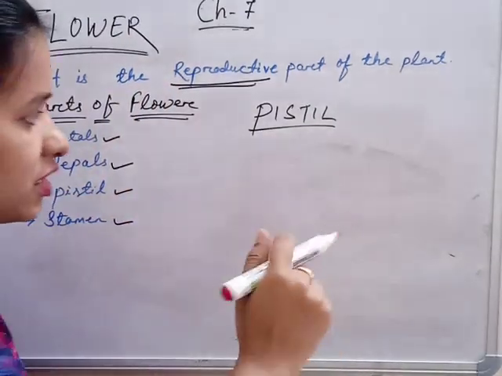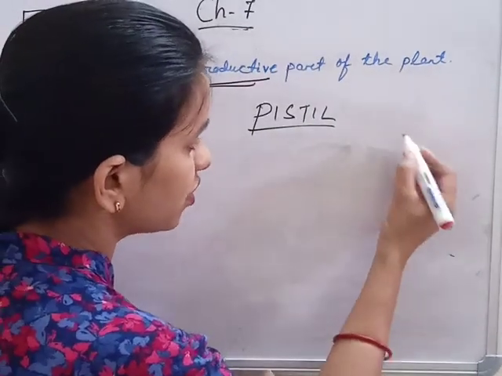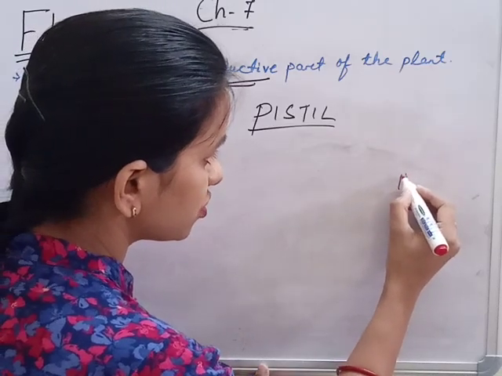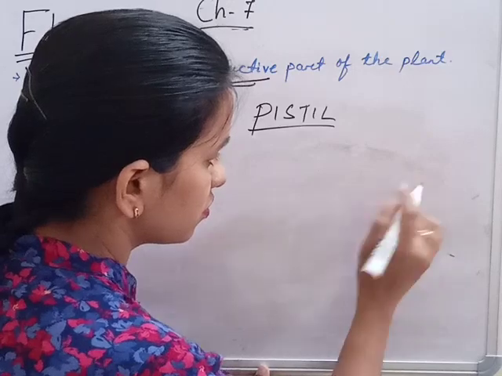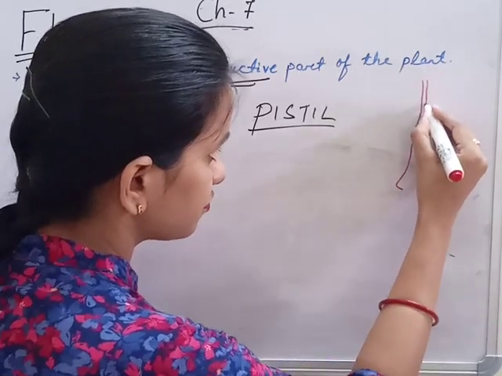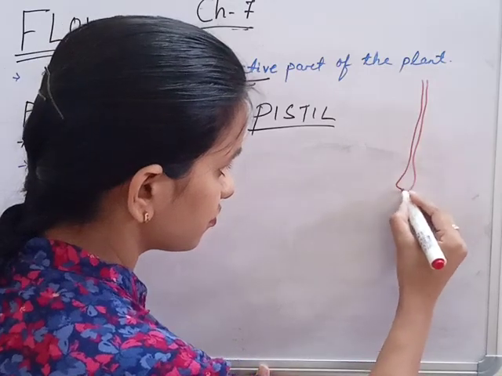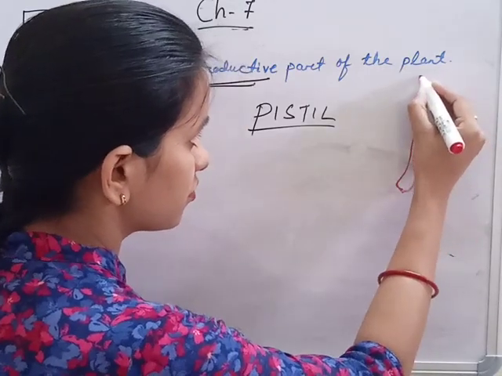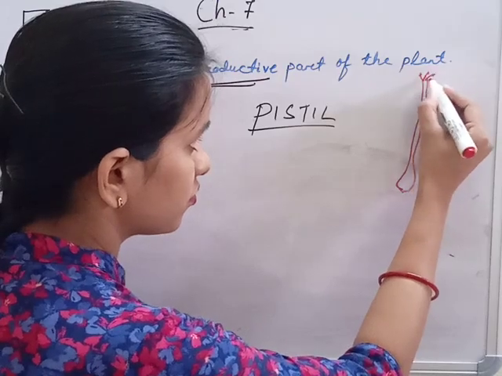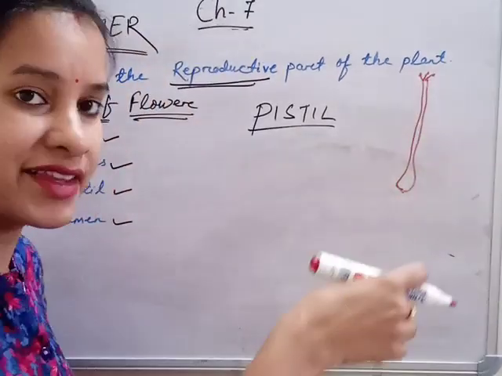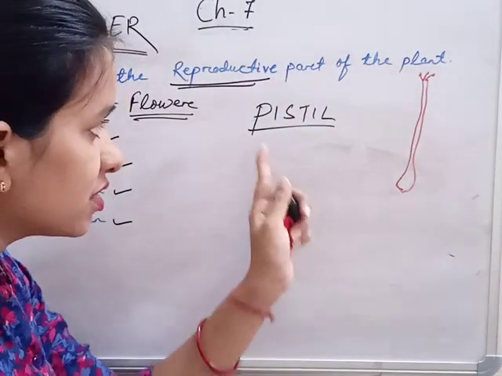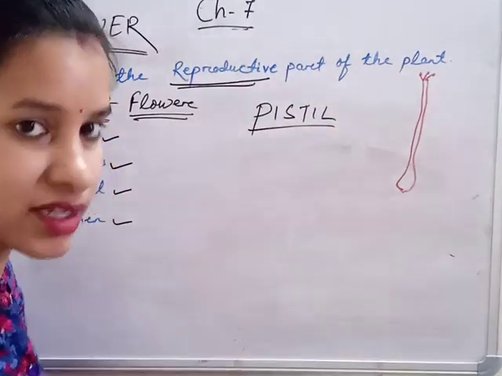If you have a hibiscus flower in your garden, you'll find a structure like this. This type of structure is there in the middle of the hibiscus flower. So this is a pistil.